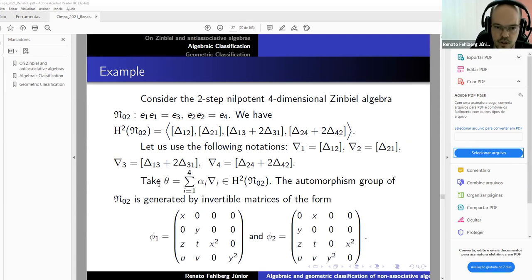And following the method, we consider an element in A^2. So it can be written this way. The automorphism group of this algebra is generated by these two kinds of matrices.